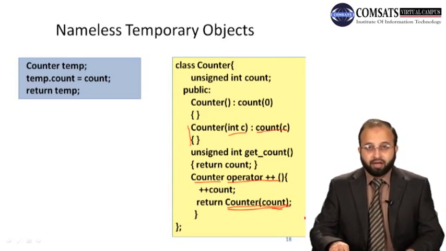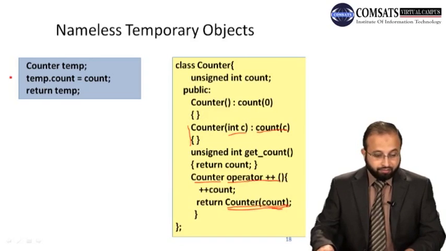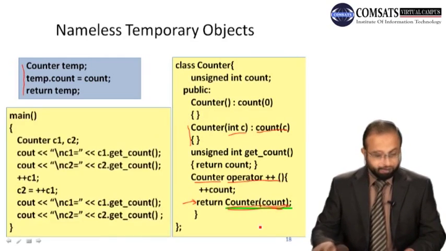This object has no name, but you initialize that object with some value and you return it, right? So that is a more efficient way than writing these three statements. Now you do all the things in this one statement. So the main function remains the same. It doesn't make any difference to the main function.